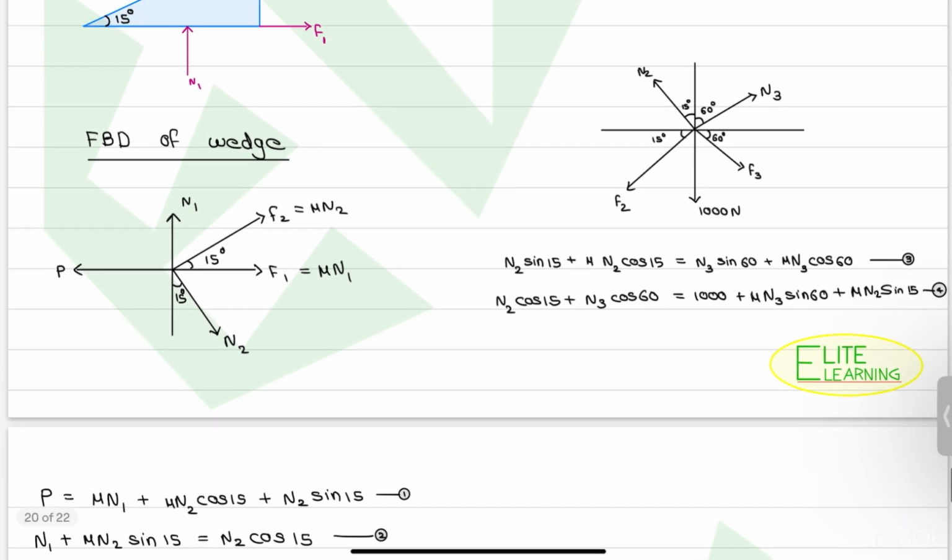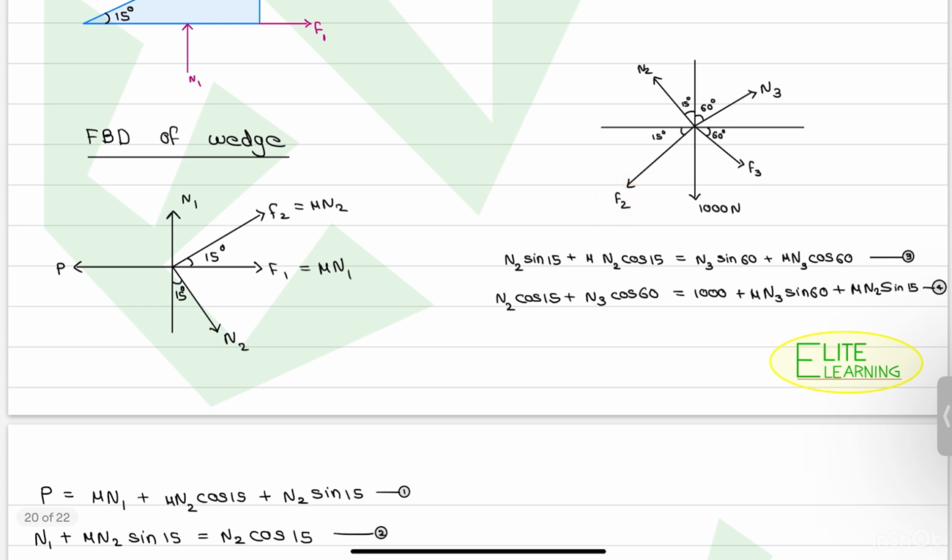The component of N2 in the horizontal direction is N2 sin 15 degrees, and the horizontal component of F2 is mu N2 cos 15 degrees, which is equal to N3 sin 60, the horizontal component of N3, plus F3, represented as mu N3, whose horizontal component is mu N3 cos 60.